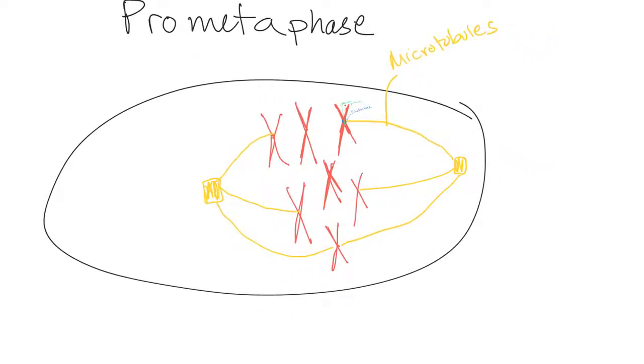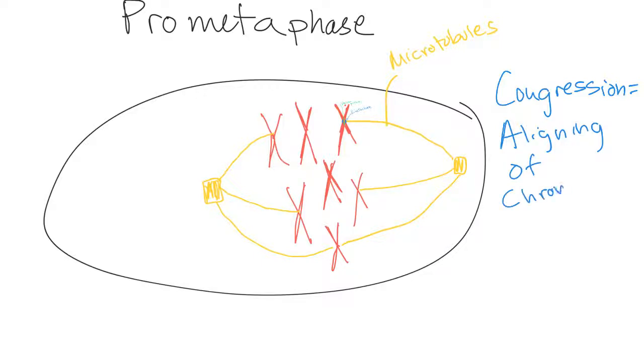And this process is called congression, which is the movement of the chromosomes. Eventually we're going to align them up in the middle in a specific arrangement. So congression has begun.